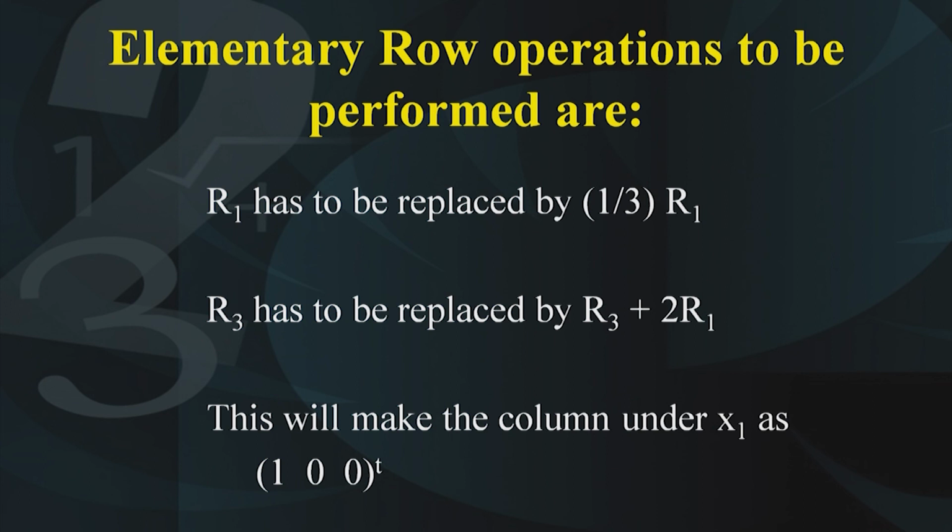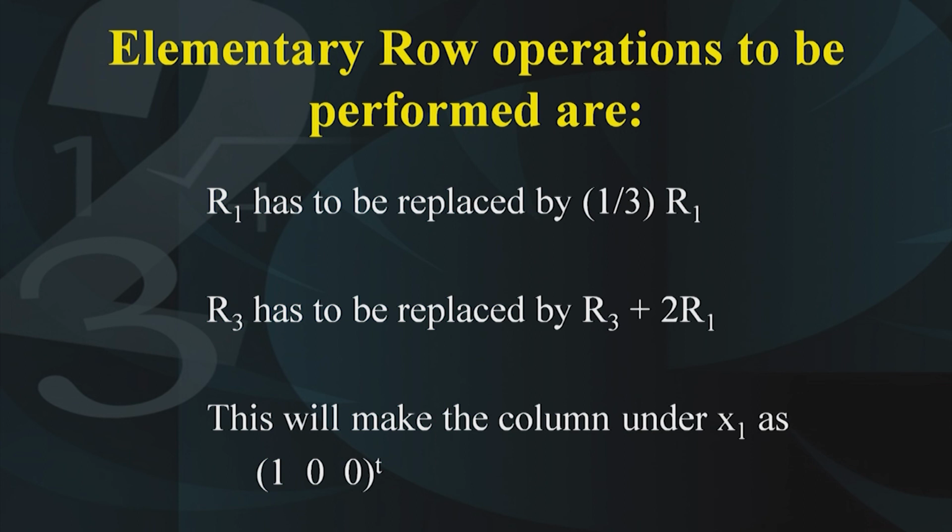Can you tell why this is so? This is so because the coefficient of this entry is 3, but we want to make it 1. So, in order to make it 1, we have to divide the entire row by 3.